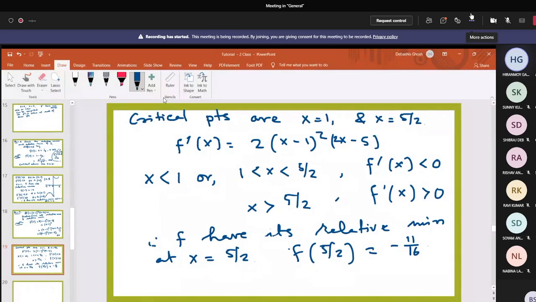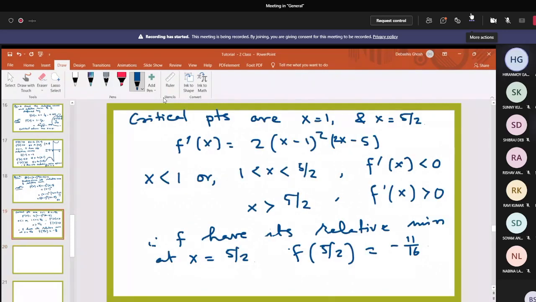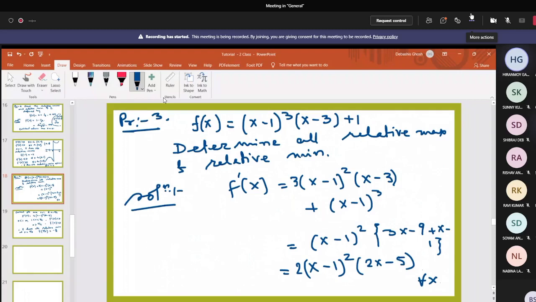Now if you see the graph of this function without computing, Sir, please show the previous slide once. This one. No, the previous one. Yes, sir. Okay. Sir, why have you taken 2x minus 5? It is 4x minus 8, I think. 4x minus 8, so we have to change it then. No, sir, minus 1. 4x minus 10, sir.